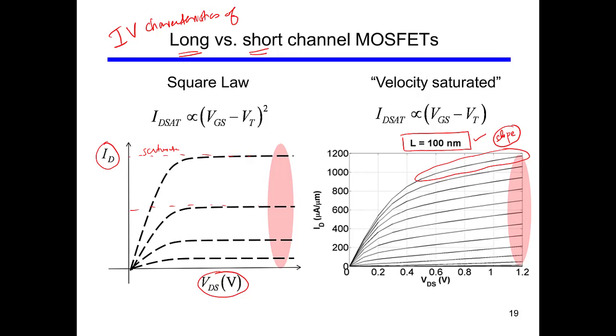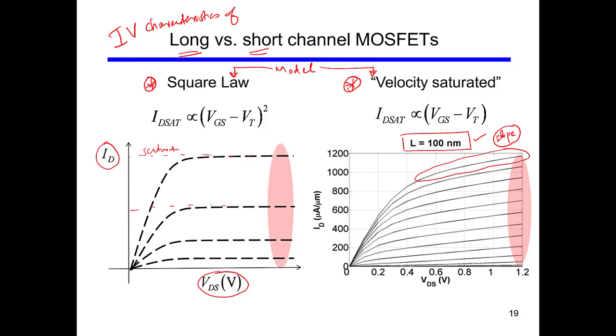Okay, so there are two explanations or theories for that. One is called the square law theory, or square law MOSFET, and the other is called velocity saturated MOSFET. Basically, these two are models that describe the IV characteristic of a transistor.